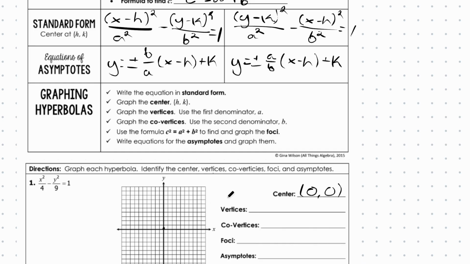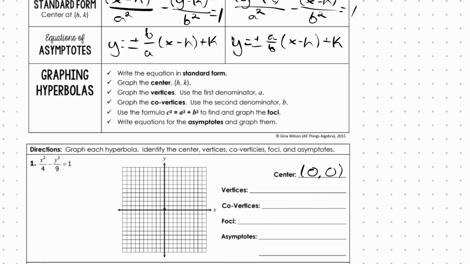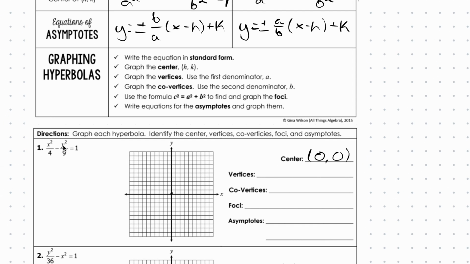Our vertices, if we scroll up, are going to be plus or minus a units away. One thing we want to look at is we have our x term first in this example. So we know it's a horizontal hyperbola, so it's going to look something like this. And what's our a value? Well, the denominator of our first term is always going to be equal to a squared.